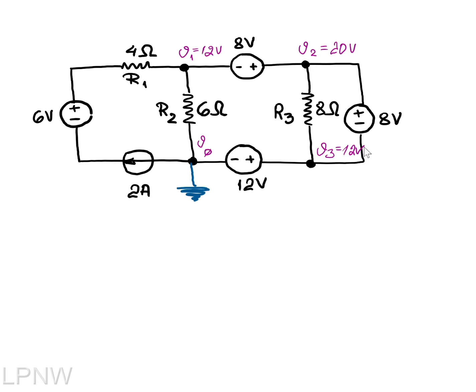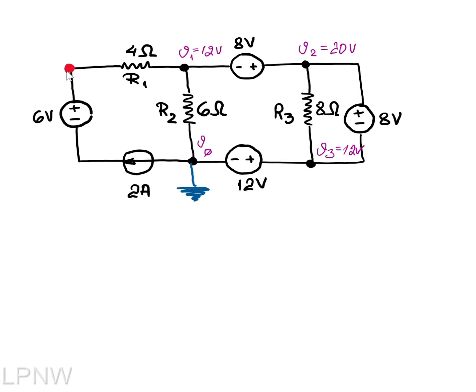At the moment, I could calculate the voltage across resistors R2 and R3, but I'm not able to calculate the voltage across resistor R1. What I'm missing is the left node. I need the voltage here.